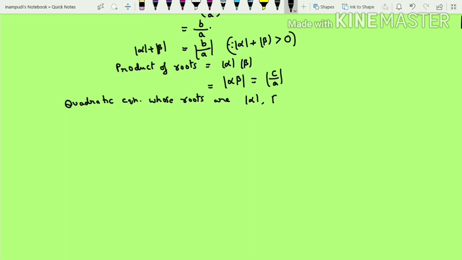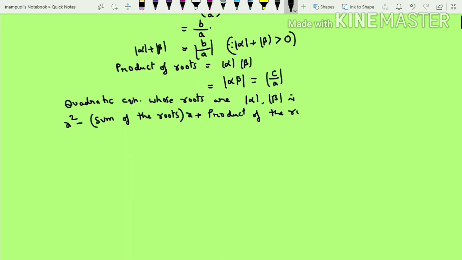The equation is of the form x square minus the sum of the roots into x plus the product of the roots equal to 0.